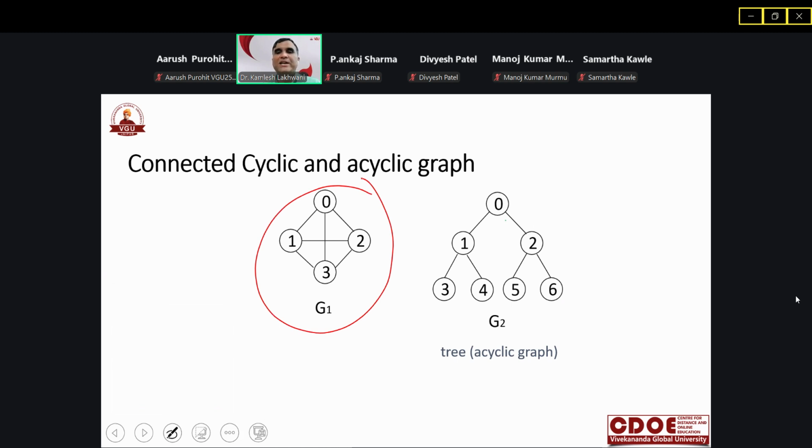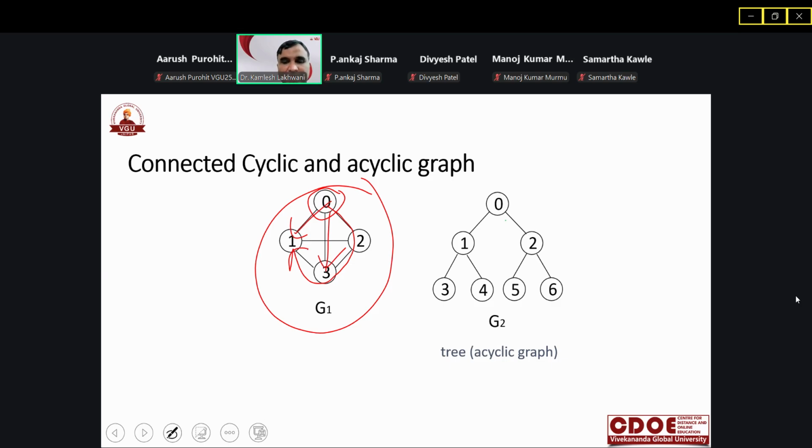For example, I want to reach from 0 to 3. So 0 to 3, there is a path, right? I want to reach from 0 to 1. I can start from 0, 0 to 2, 2 to 3, 3 to 1. So there exists a path from any node to any node.